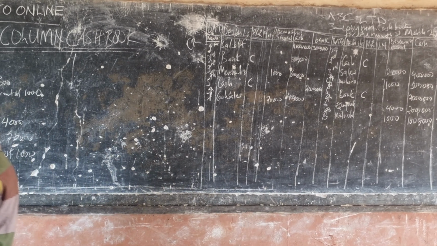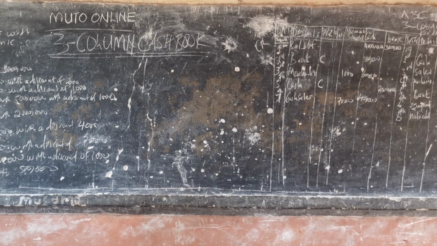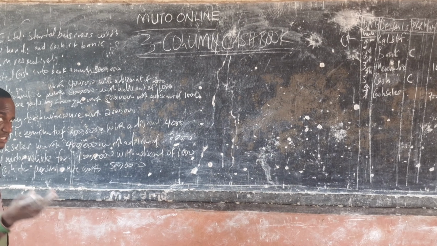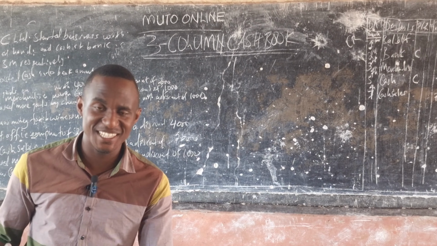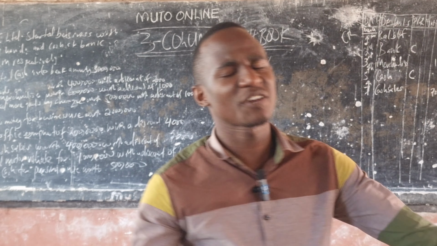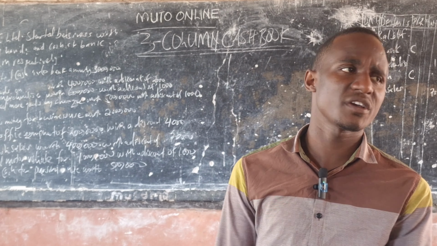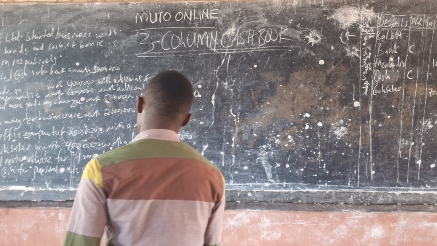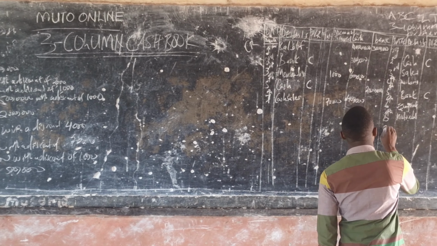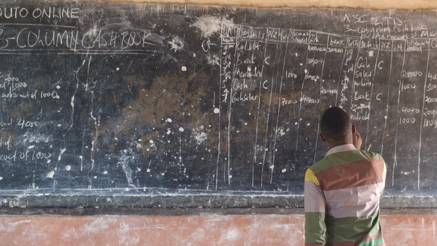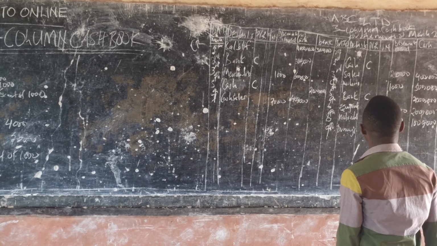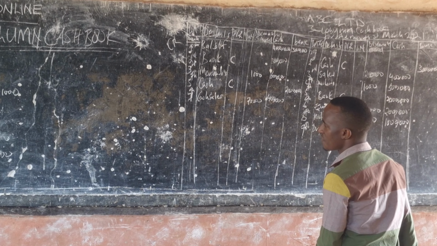Then the next transaction, withdraw cash for personal use. That is not a contra entry, but rather that transaction is recorded on the credit side of the cash book. So when we withdraw cash for personal use, on the 9th, made drawings worth 500,000.